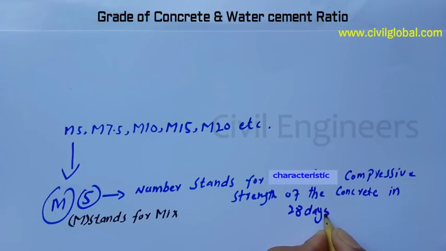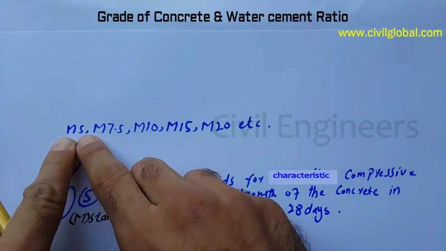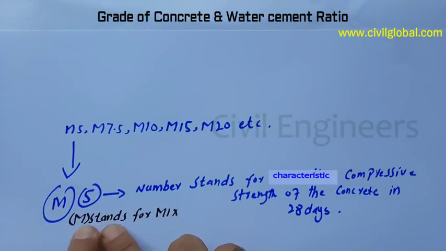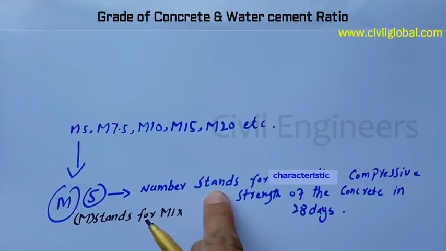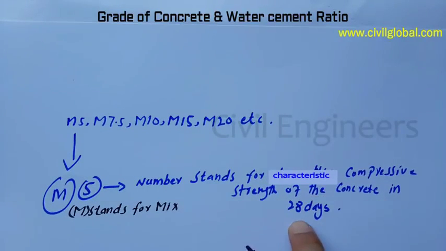It depends on the direct compressive test. So M stands for mix and the number stands for the characteristic compressive strength of the concrete in 28 days.